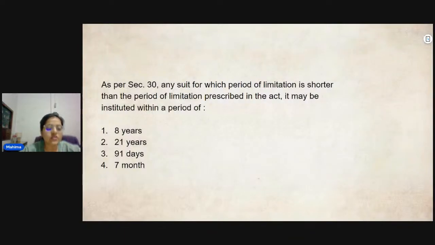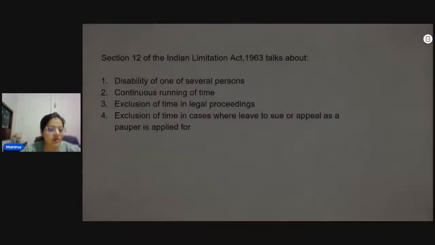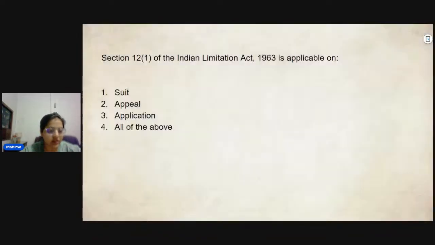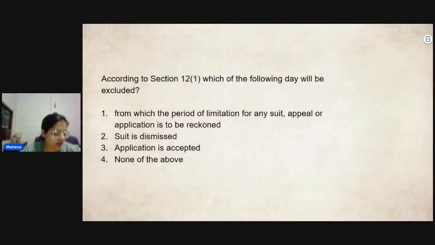If 90 and 91 both are mentioned, then you will mark 91. The first day is always excluded, so that is the reason why 91 is the correct answer here. It will never be mentioned as 1 month plus 1 day. If it is in months, it will be written in months.